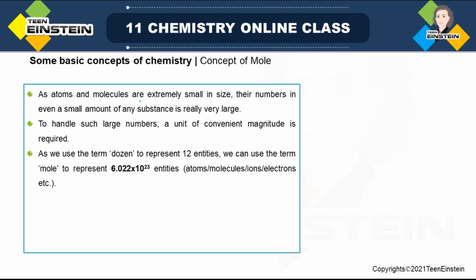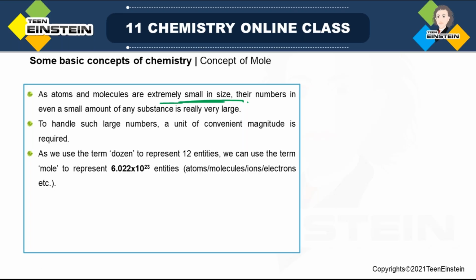We all know that atoms and molecules are extremely small in size. And when something is very small in size, obviously their numbers, even in a very small amount, are huge. Suppose in a particular container there is oxygen gas. If I ask the number of atoms and molecules, as their size is very small, obviously the number will be very high.